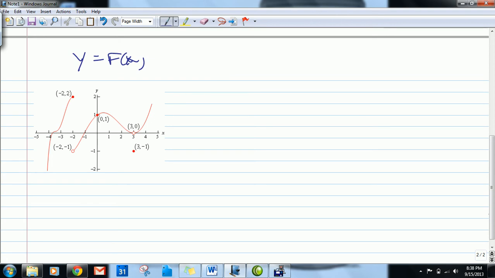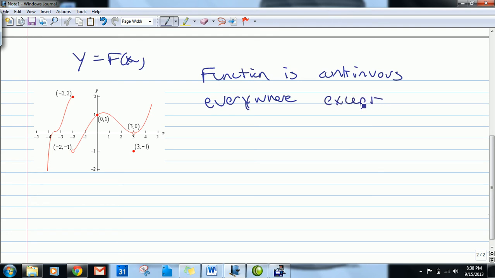This function is continuous everywhere except, so the question is, where is it not continuous? Except dot dot dot. My job now is to find the points at which this particular function is discontinuous. We have points of discontinuity.